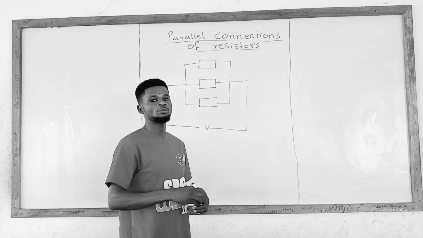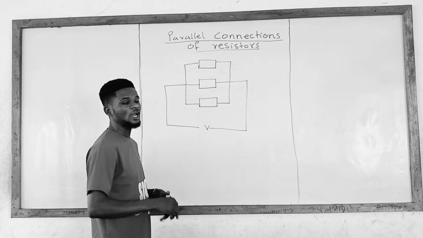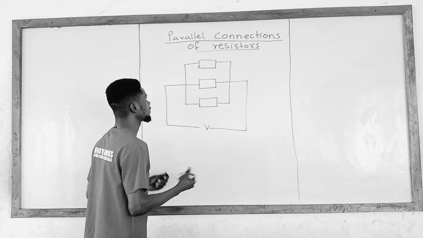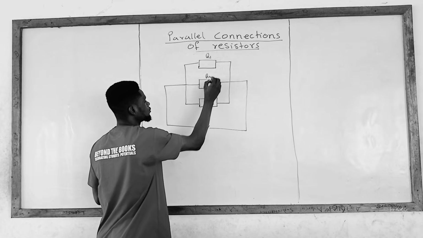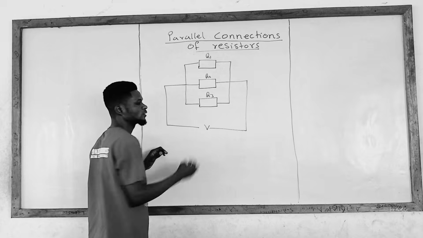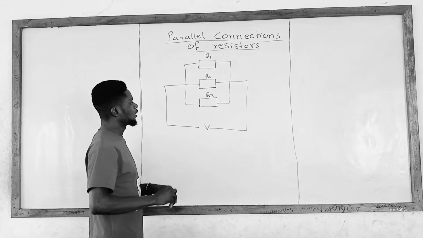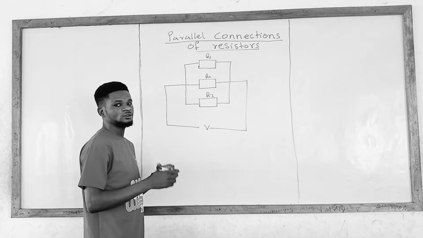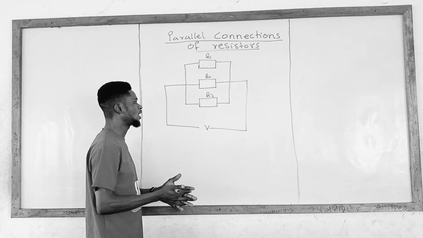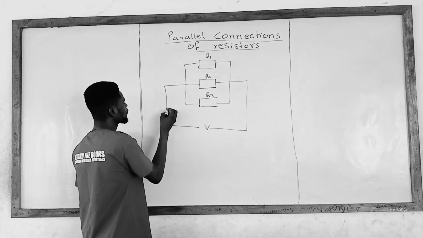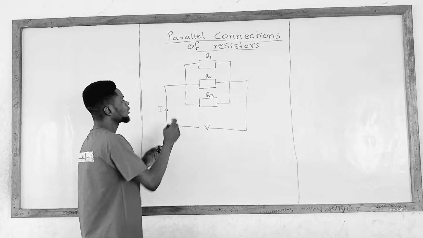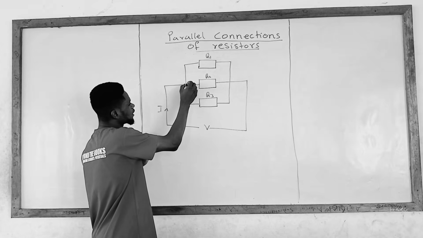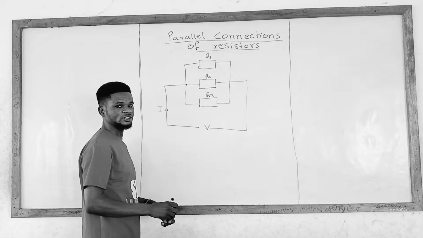Now this is a parallel connection involving another 3 resistors. So we name one R1, R2, then R3. R1, R2, and R3 are connected in parallel. Now the current that will flow through this circuit, that is the total current here, is separated in a common junction here.